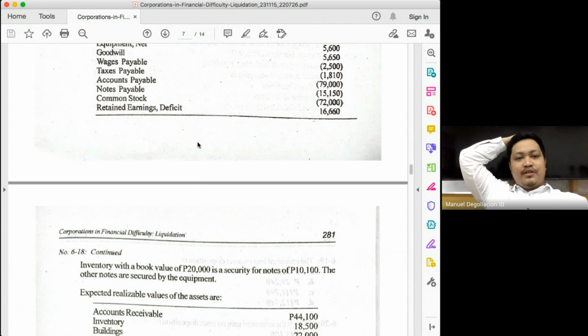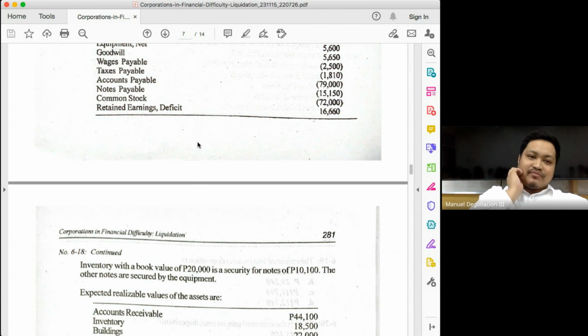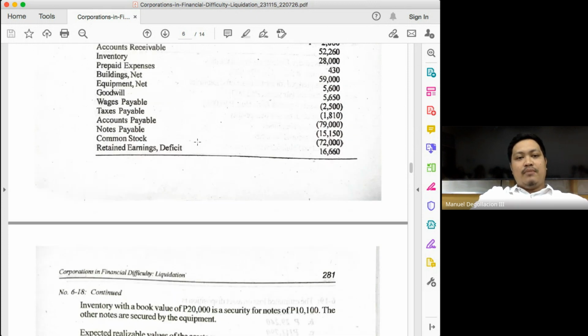Let's determine first which assets here are free. So again, the reason why this problem would be very tedious to solve, class, is because the assets are not categorized into whether or not they are used as a security or not. The liabilities are not classified as to their classification into secured or unsecured, with priority or without, partially or fully. We will have to do it by ourselves.